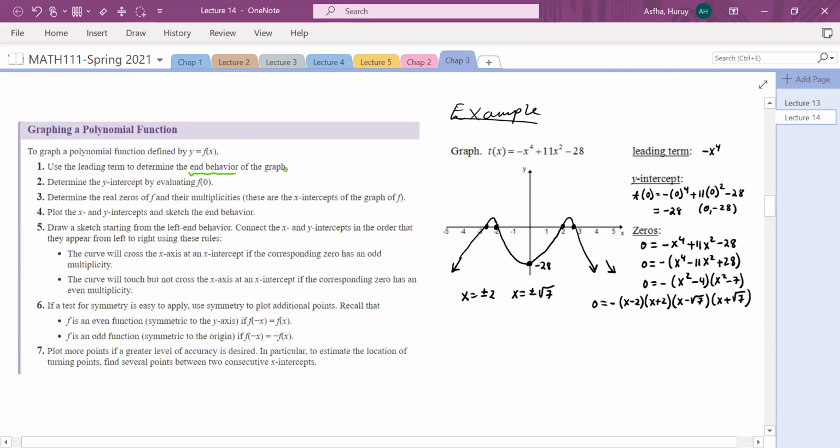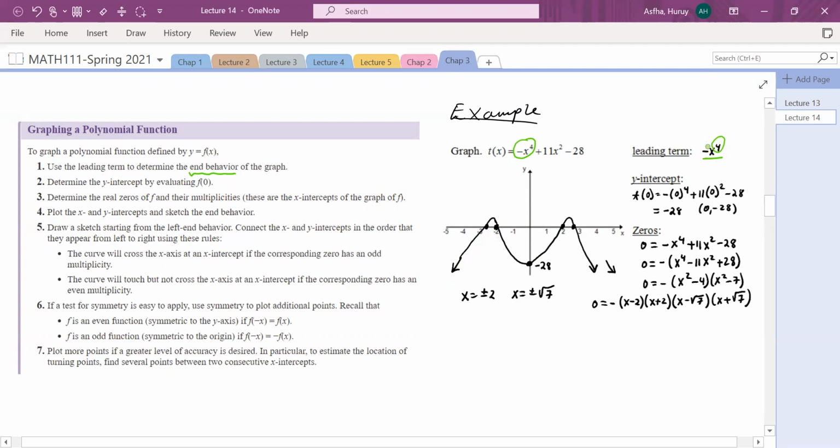We learned this one in our last lecture. To understand the end behavior of a graph, we just look at the first term. So always look at the first term or the leading term. In this case, for this example, our leading term is minus x to the power of 4. That's what we call the leading term. Now, if the coefficient of that leading term is negative, the graph opens downward, okay? And for the two endpoints, we look at the exponent or the power of that leading term, and if this is even, then the two endpoints go together in the same direction.